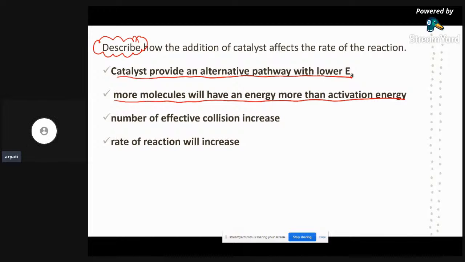Okay, then when more molecule will have the energy than activation energy, mesti ada perkataan effective collision as I mentioned before, because only the effective collision produces a product. So number of effective collision will increase, so therefore the rate of reaction will increase.